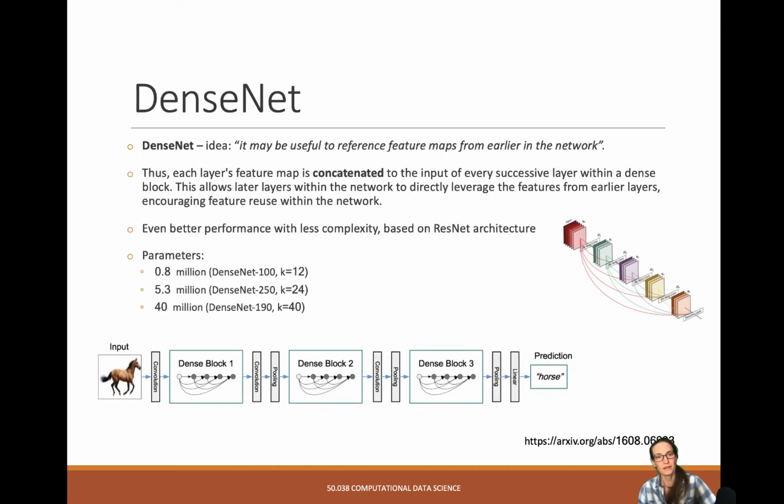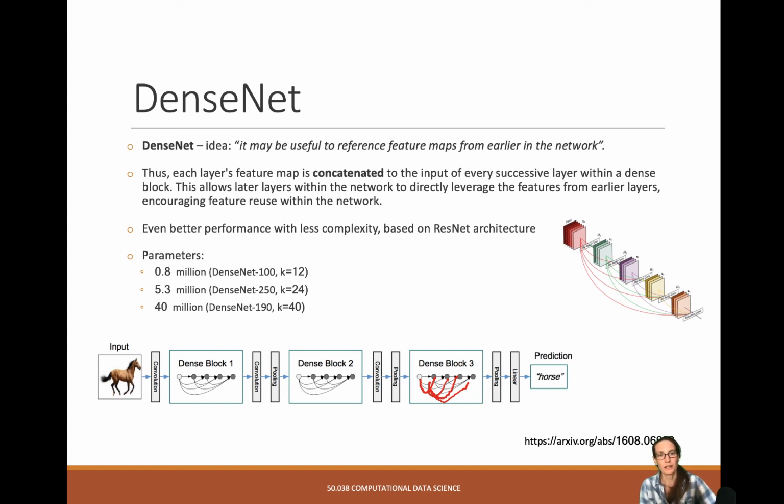There's also DenseNet. In DenseNet, we have dense connections. The idea is that it may be useful to reference feature maps from earlier in the network. Very much like ResNet, except you have way more references here. It is a densely connected network over depth.